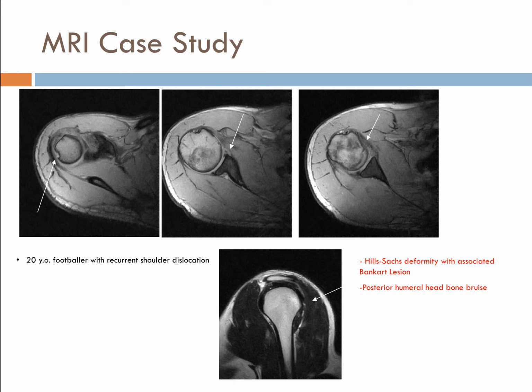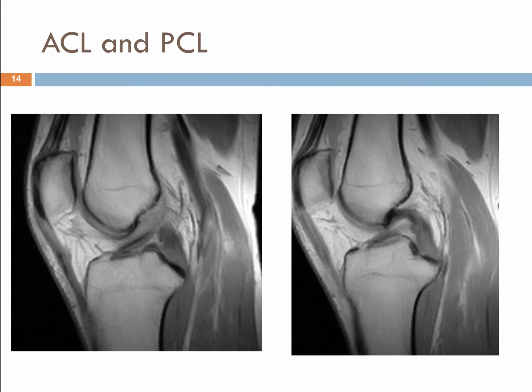They're bone bruises, and interestingly enough, MRI is one of the only technologies where we can actually see bone bruises in situ. A lot of the footballers, when MR first came on the scene a few decades ago, had bone bruises, and they didn't quite know how long bone bruises took to heal. They knew they existed, but they didn't know very much about them until MR came on the scene.